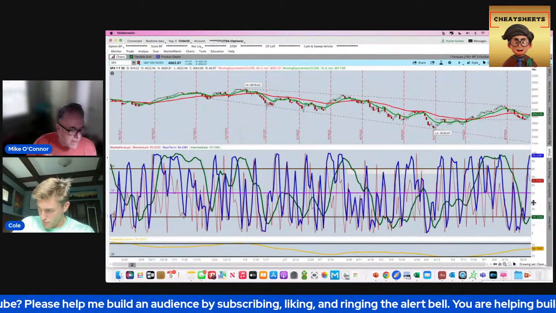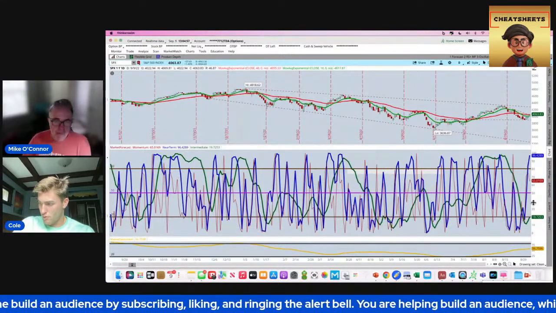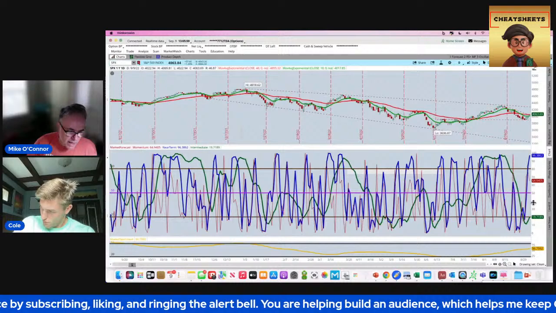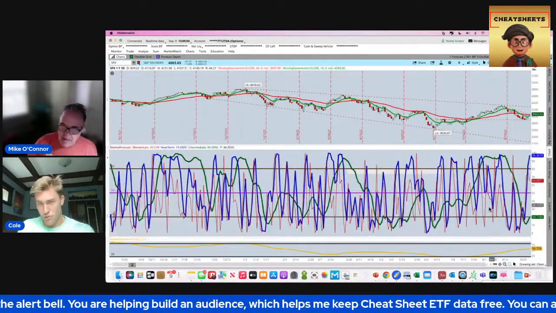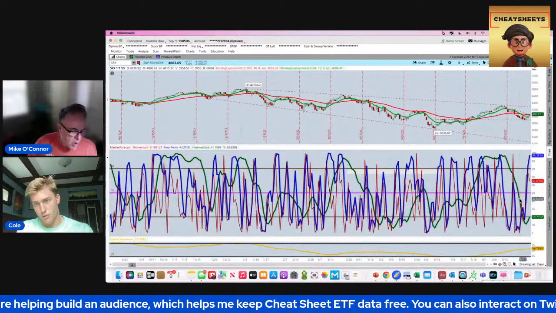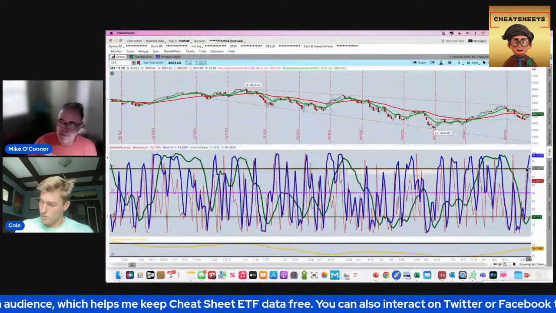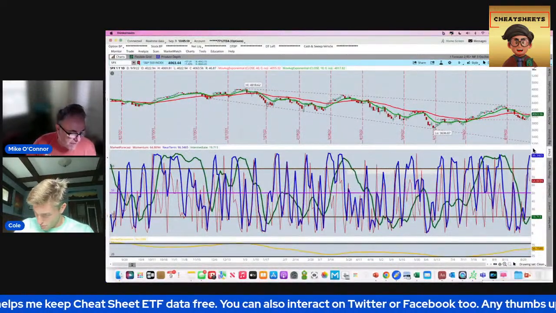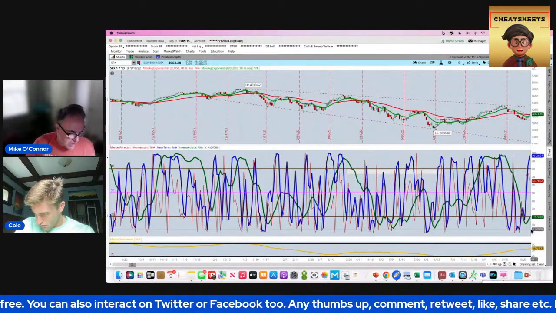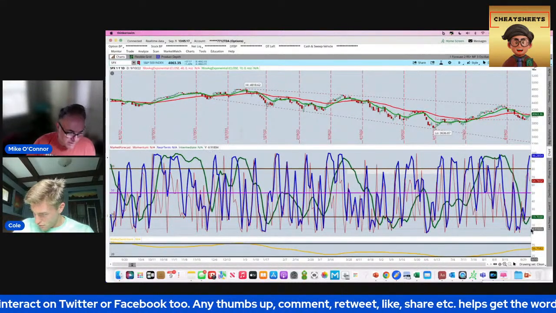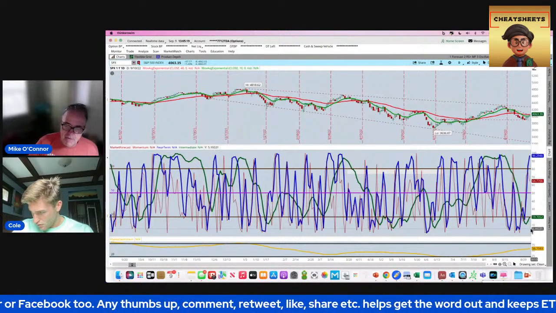The red line is the same thing, but even more extreme. Whereas we care about breaches of 80 and breaches of 20 with the blue line, with the red line, breaches of 90 or especially 95, or of 10 and 5 to the downside, are what we're most interested in. So slightly different bars.